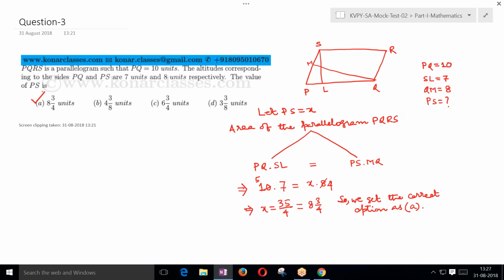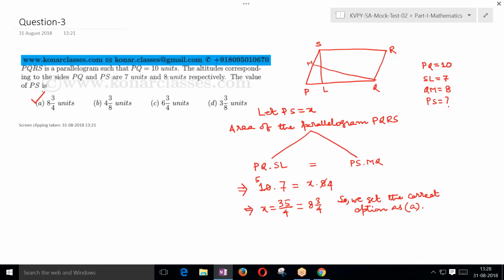The moment a parallelogram has two altitudes given and you need to find the sides, always think about how you can use the area of the parallelogram in different versions. We know the area of the parallelogram is equal to base into altitude. As two altitudes are given, we can use the two bases.